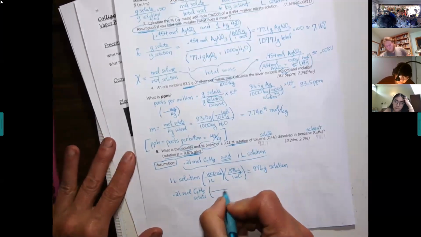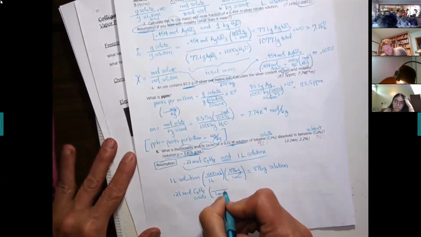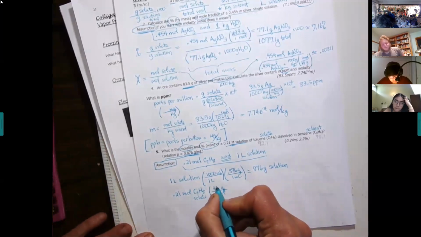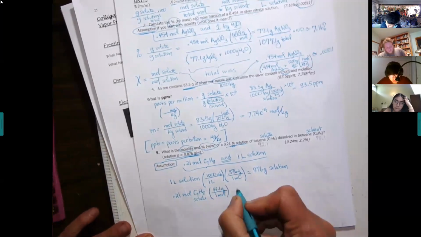I have to change that to grams, and that's no problem. We can change moles to grams using our periodic table. And I did that earlier, it's like 92.1 grams per mole. And we'll have to punch that in.